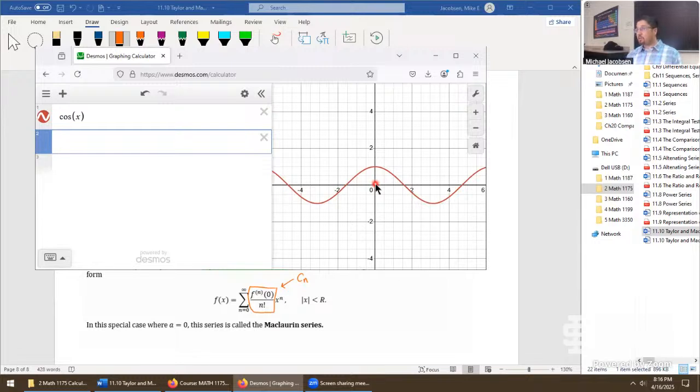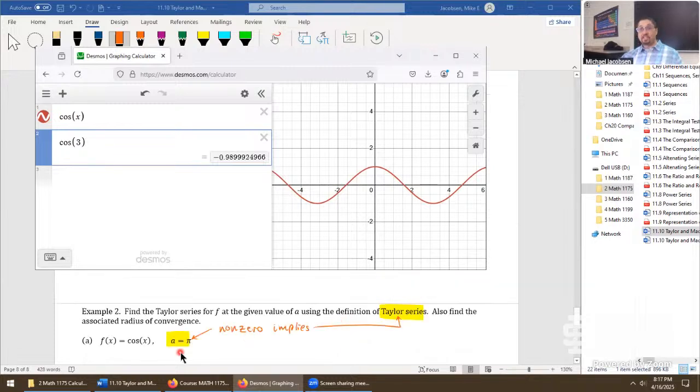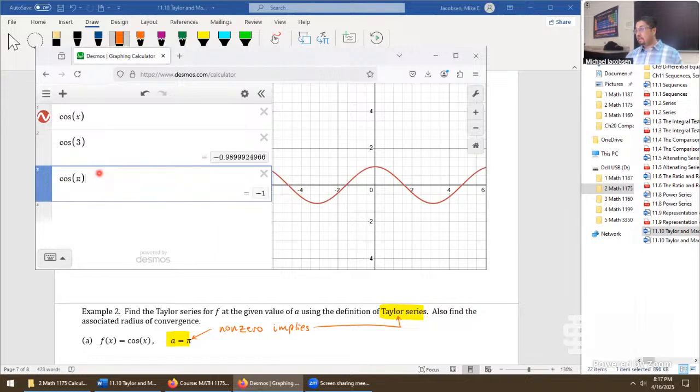So if we want to calculate cosine 3, here's the value. What this calculator probably did was a Taylor series, and the value at pi is exact. It used an exact value, -1 for pi, to center the power series right here. So now we only need maybe 3 or 4 terms to get this level of accuracy in the calculator.